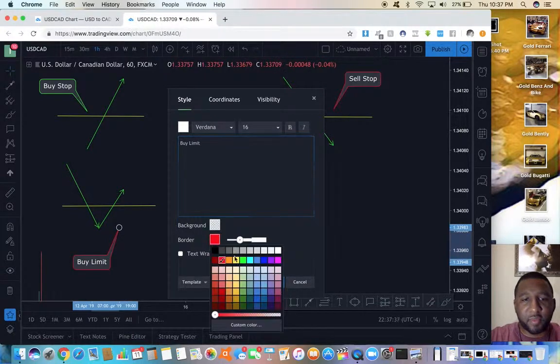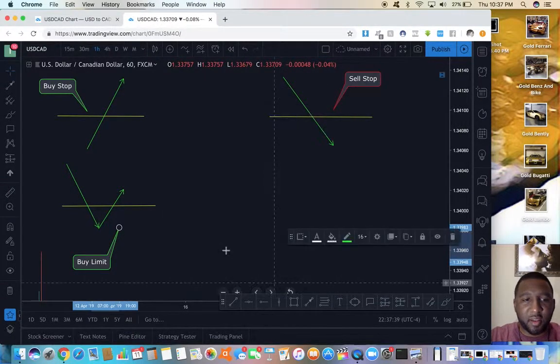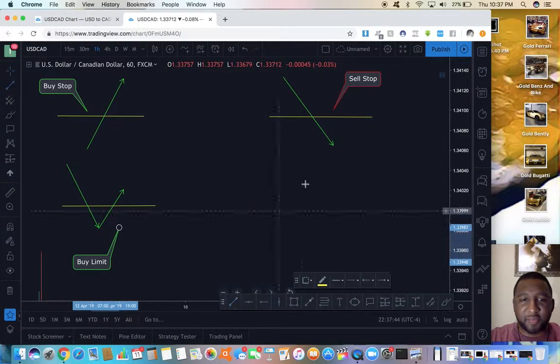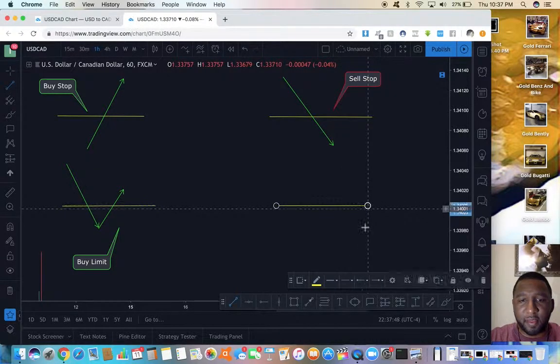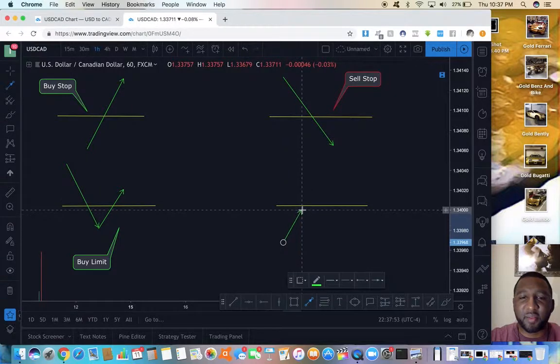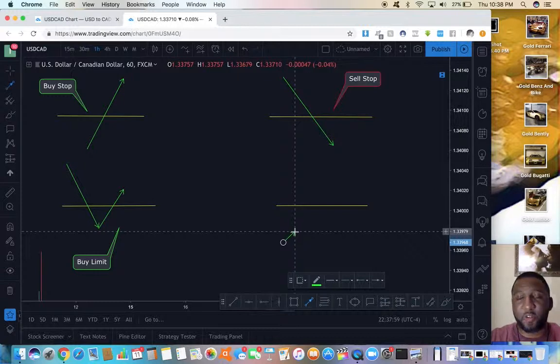Okay, let's make it green for buy. This particular type of trade is called a buy limit. In the same fashion, let's say the market is moving up, but you expect it to move down eventually, right? But you're not going to be looking at the MetaTrader 4 platform.